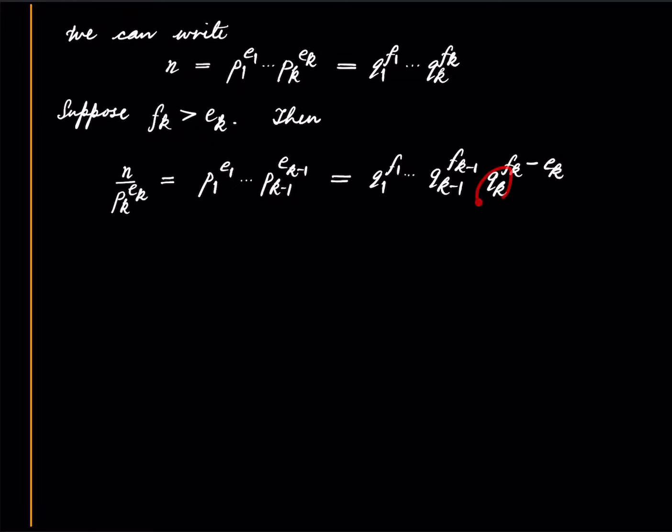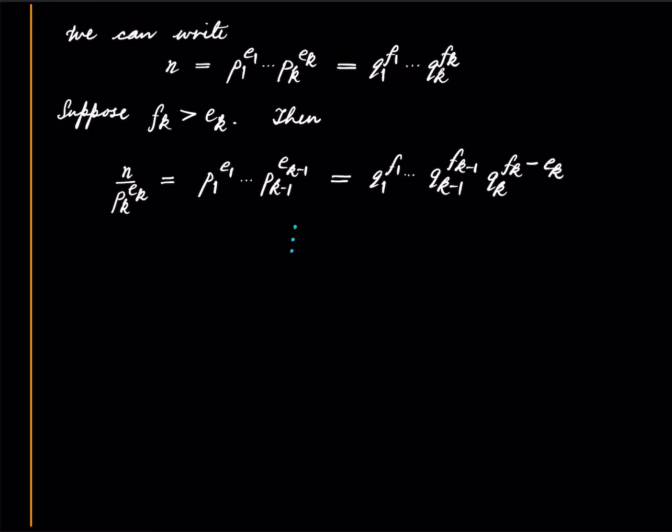Now this prime qk does not appear anywhere here, but this has a positive exponent. Since fk is greater than ek, this exponent is positive, and hence qk therefore divides the right hand side, and hence it also divides the left hand side. But in the left hand side, qk simply does not appear, and the kind of argument that we just did implies that qk must be 1, which is a contradiction. So I'm not writing all of that.